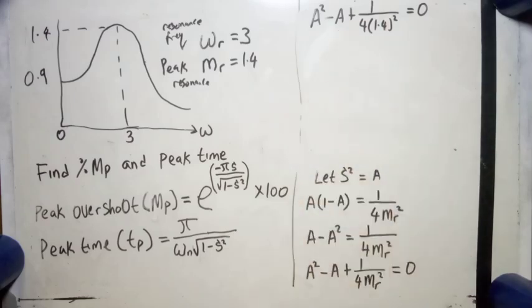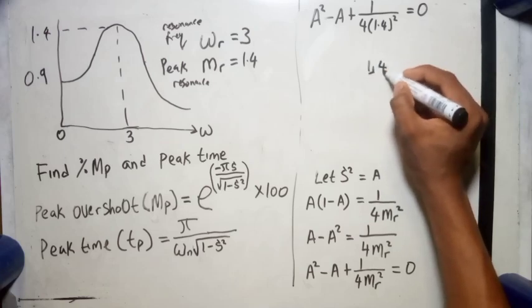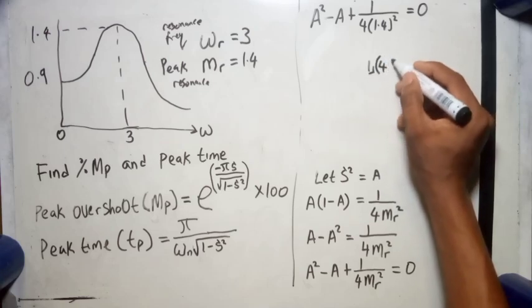And for the last one, we will have 1 over, put in brackets, 4 times 1.4 square. It should be giving you 0. After clicking all those, this is how you write it down. Remember to put brackets here. This is necessary.